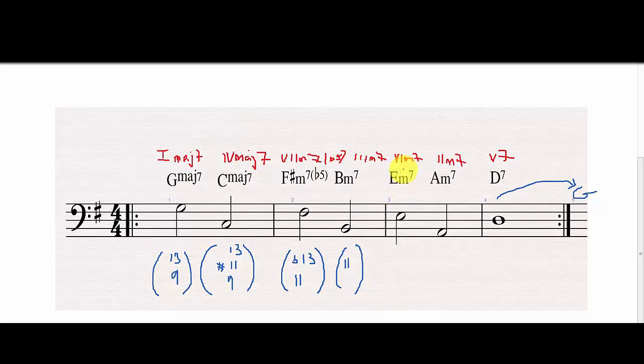So what about this one, the 6 minor 7? Well, tensions there are always a 9 and 11. Can't have a 13th on that. And on the A minor 7, which is chord number 2, we have the 9th and 11.